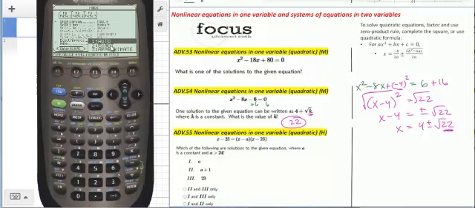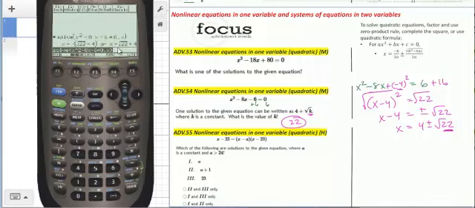Exact always gives you answers as radicals or fractions. Approximate always gives you answers as decimals. The nice thing with the auto mode is it gives you an answer in whatever form you enter it. If I wanted this answer in decimal form, I could have done 2 things. Since I'm in auto mode, I could have put a decimal point anywhere in my entry, and when I hit enter, it'll give me my answer as decimals.